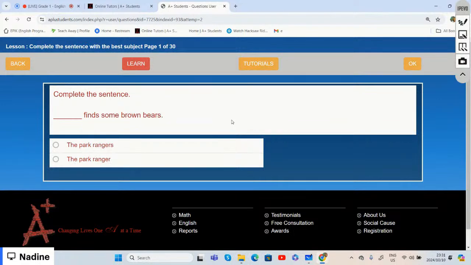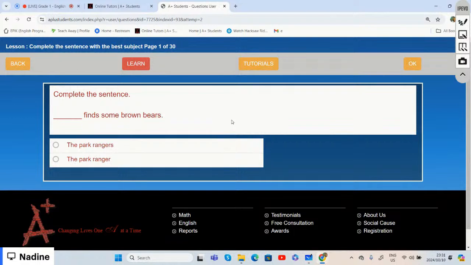It says, finds some bears. Do we say the park rangers finds some bears, or do we say the park ranger finds some bears? Option one, more than one person finds some bears, or option two, one person, which is the park ranger, finds some bears.